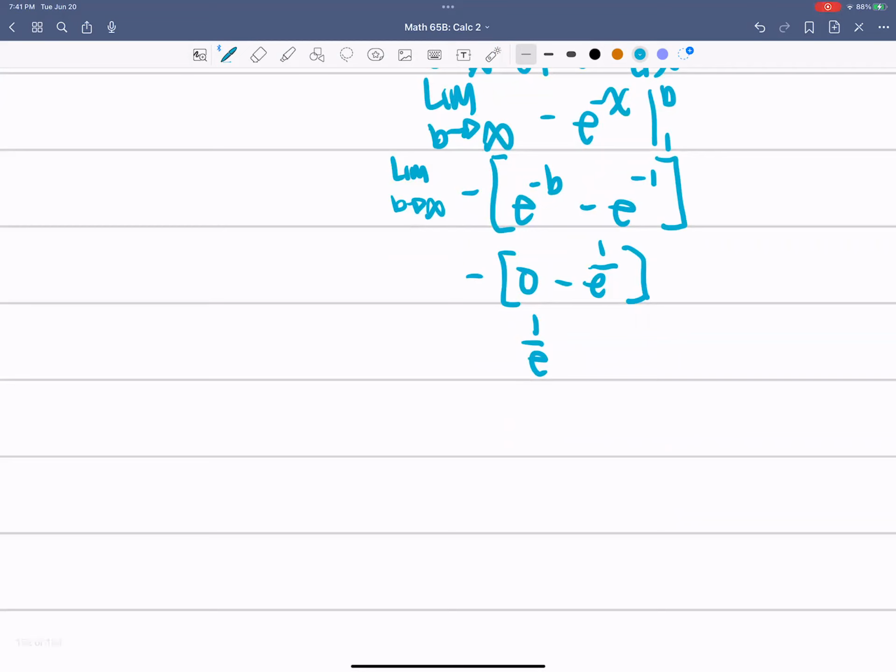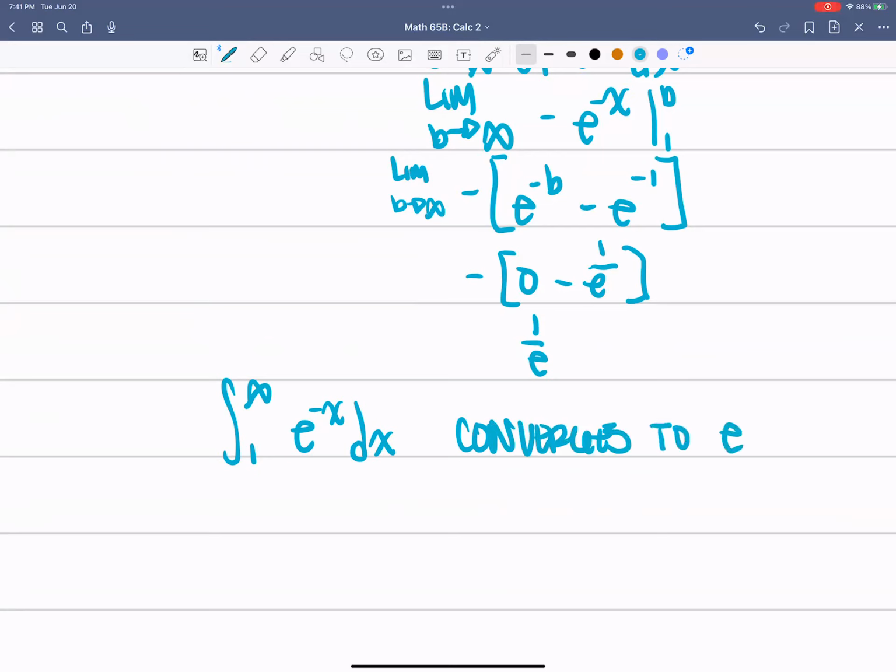So the integral from 1 to infinity of e to the negative x dx converges to, we could say, e to the negative 1.